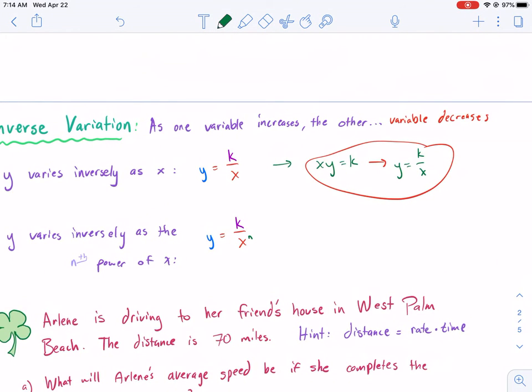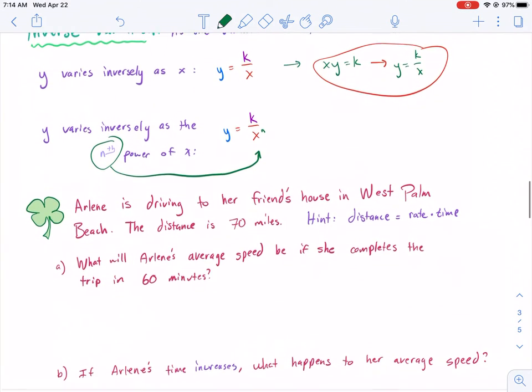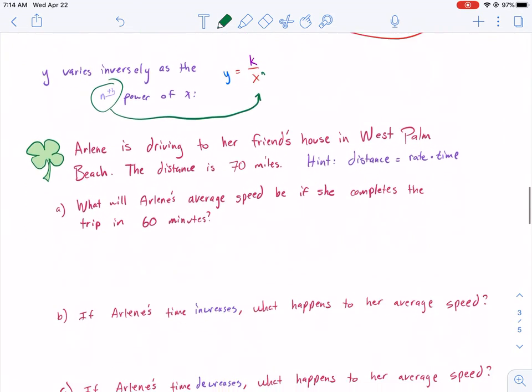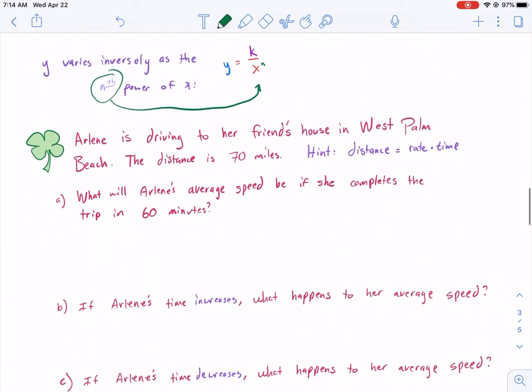So it's still in the denominator, but because it says nth power here, that's why the x is raised to the nth power there. So we don't have any examples over the nth power, but I hope you guys see that the formula is essentially the same. You just have to raise x to the nth power.